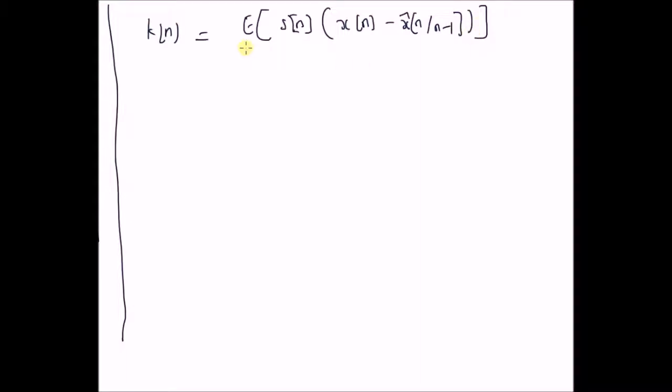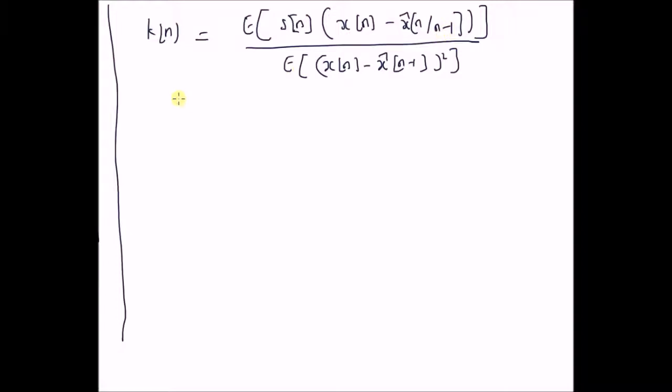Now our goal is to derive an expression for the Kalman gain, which is k of n equal to the expectation of s of n multiplied by the innovation term, which is defined as x of n minus x hat of n given n minus 1, divided by the expectation of x of n minus x hat of n given n minus 1 whole square.